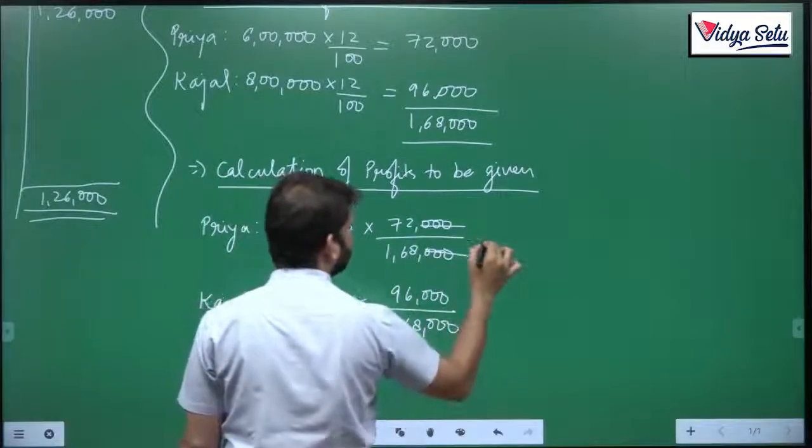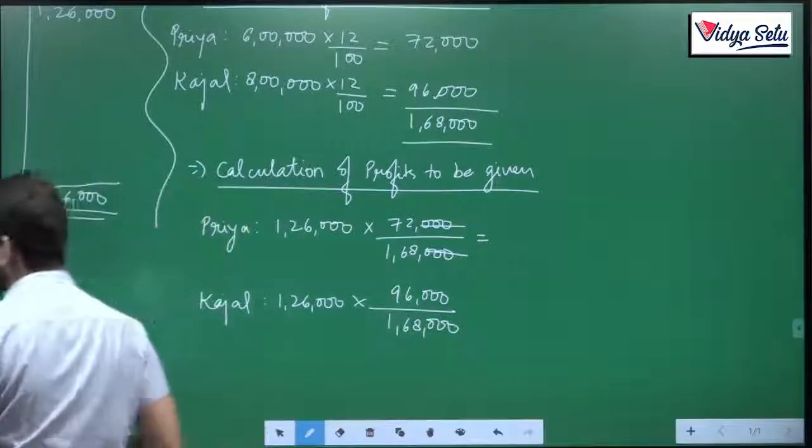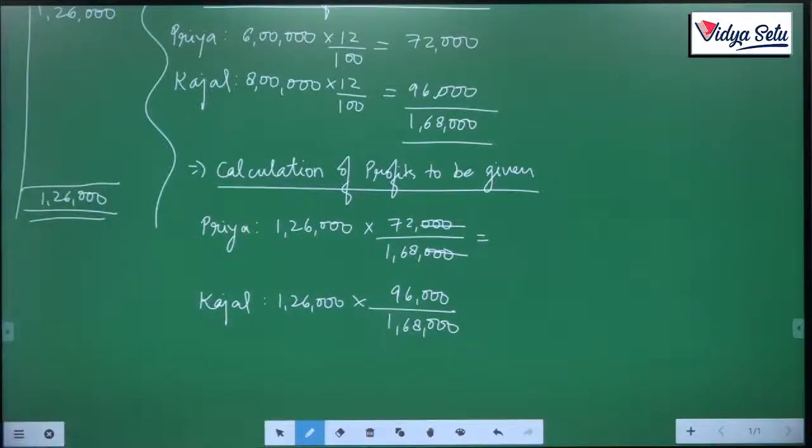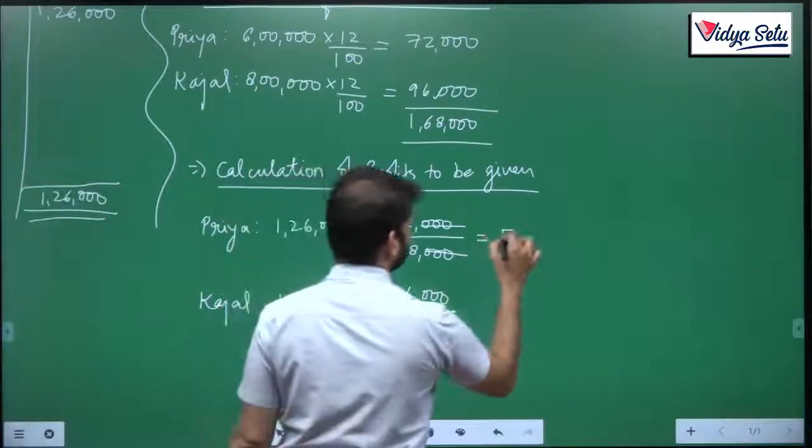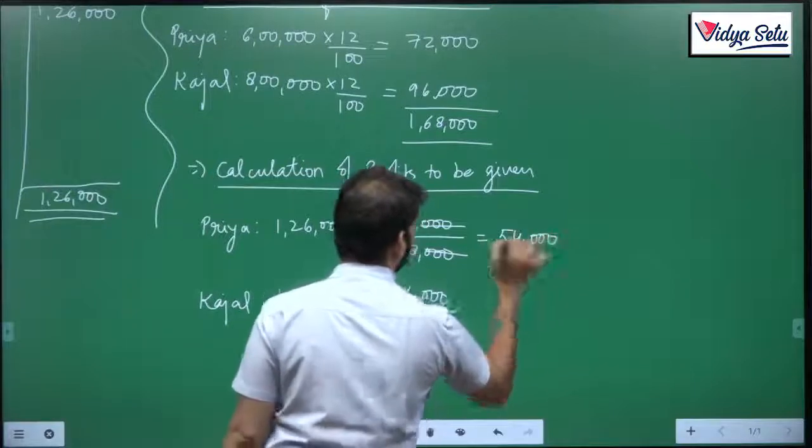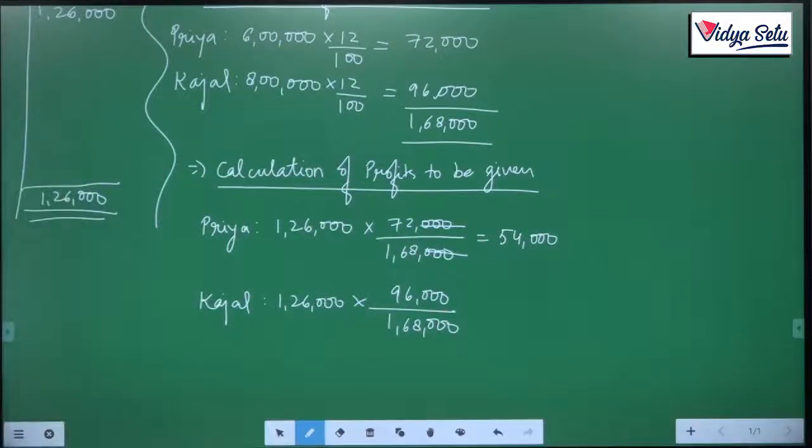Okay, how much do we get? 54,000. And for Kajal, how much do we get? 72,000.